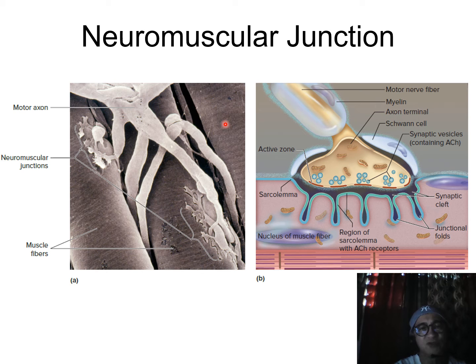The image shown here shows the neuromuscular junction. The left side shows the electron micrograph of the neuromuscular junction, and the right side shows an artist's depiction of one neuromuscular junction.